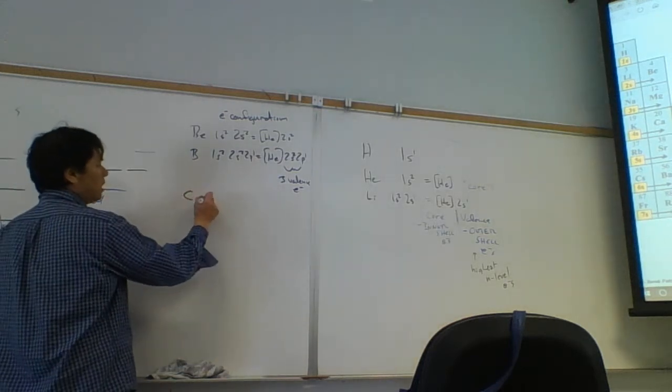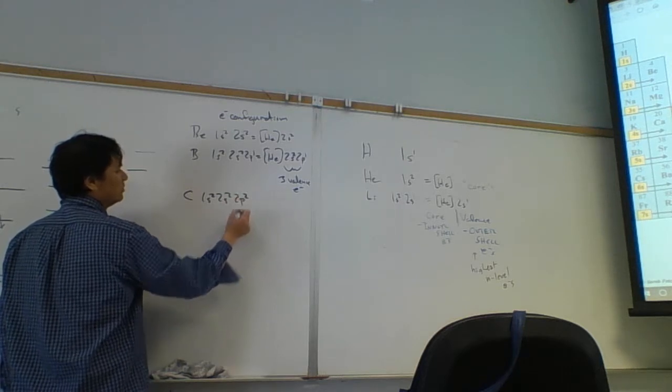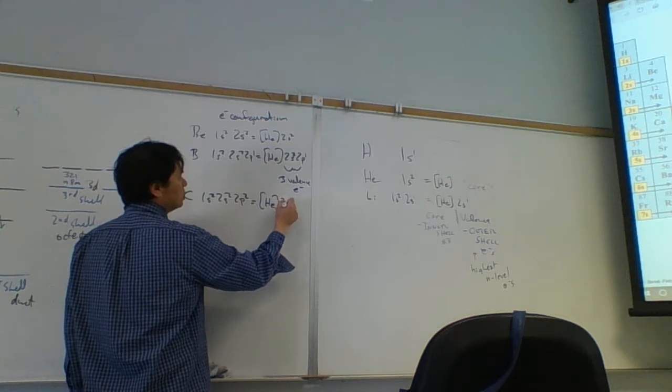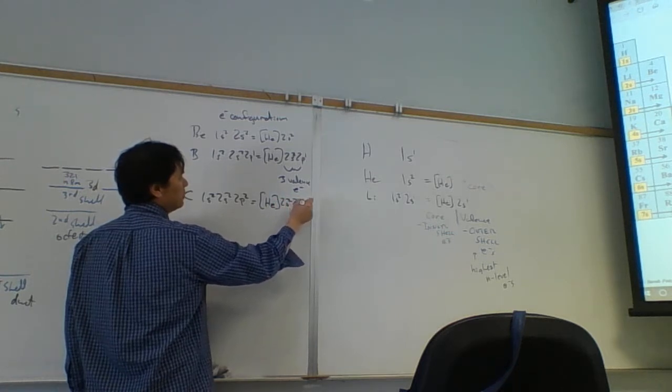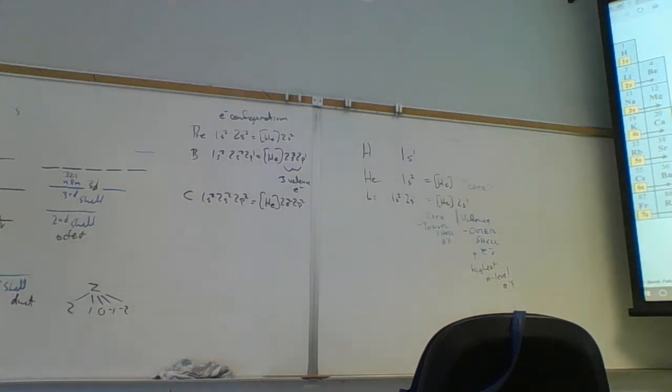Carbon. Carbon is going to be 1s2, 2s2, 2p2. And so this will be helium core, 2s2, 2p2, for a total of how many valence electrons? A total of 4 valence electrons.